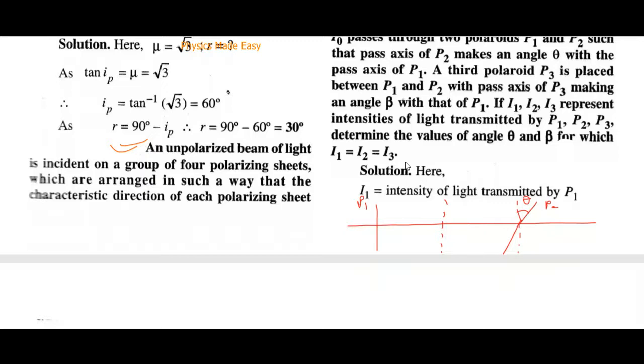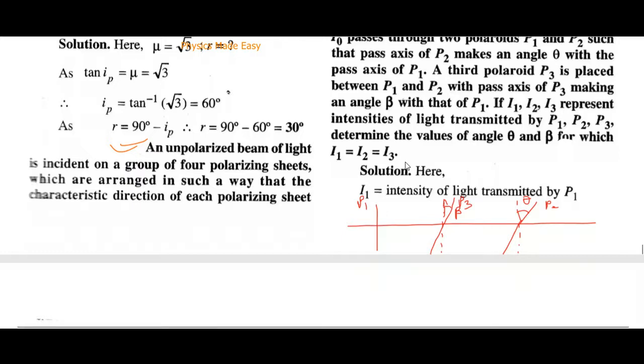Now, a third polaroid P3 is placed between P1 and P2 with pass axis of P3 making an angle beta with this. See, this is the pass axis of P3. This makes an angle beta here. The angle between these two, this and this.